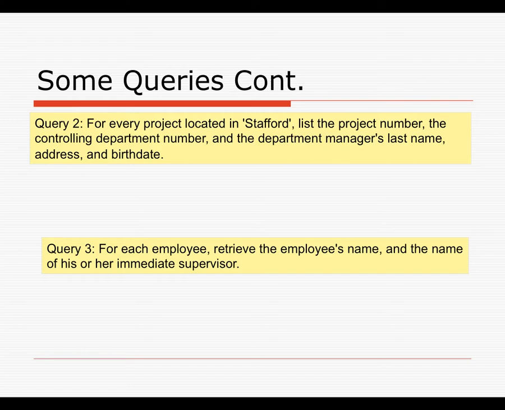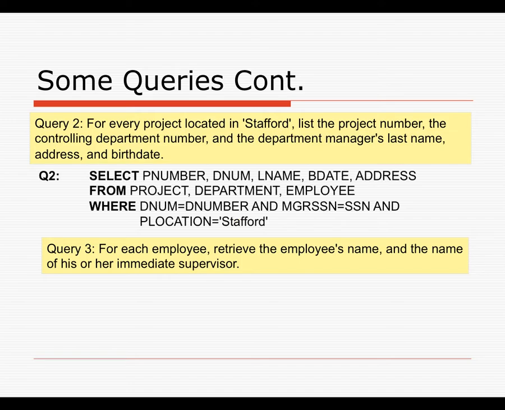Now, if we're continuing along those same lines, let's go with another example. For every project located in Stafford, I'm going to want the project number, the controlling department number, and the department manager's last name, address, and birth date. Some very specific attributes for this. So in this situation, I will be doing multiple attributes. So in this case, the project number, department number, last name, birth date, and address.